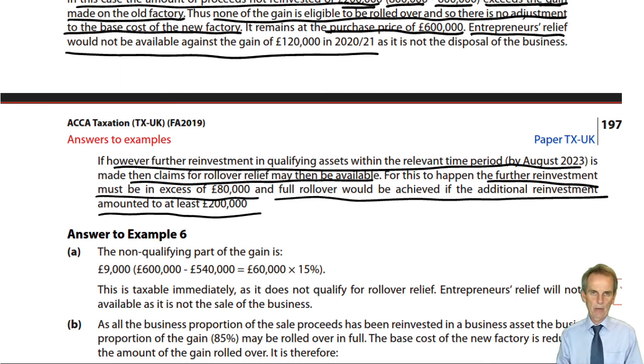If in that 3-year period following disposal you make further reinvestments, at best, if you reinvested another 200 on top of the existing 600, that would mean you'd reinvested all of the proceeds. But at least if you reinvest more than 680, some of the gain arising of 120 would then be eligible for rollover.